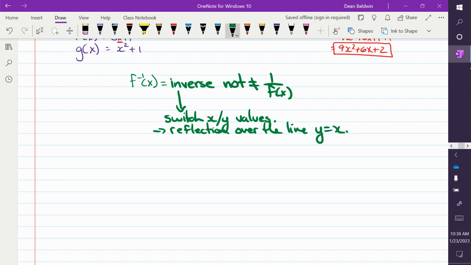So if you had the graph of a parabola and I ask you to do the inverse, the y equals x line is like that. So the new graph looks like this, f to the minus 1 of x, and the green one is f of x. So you switch the x, y values and you reflect it over the line. You will be asked to sketch an inverse.